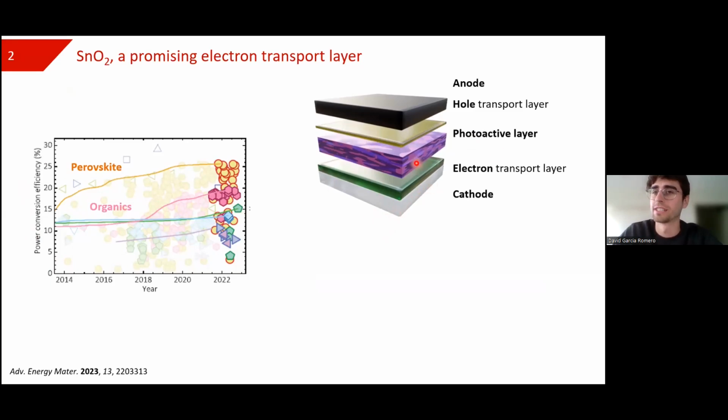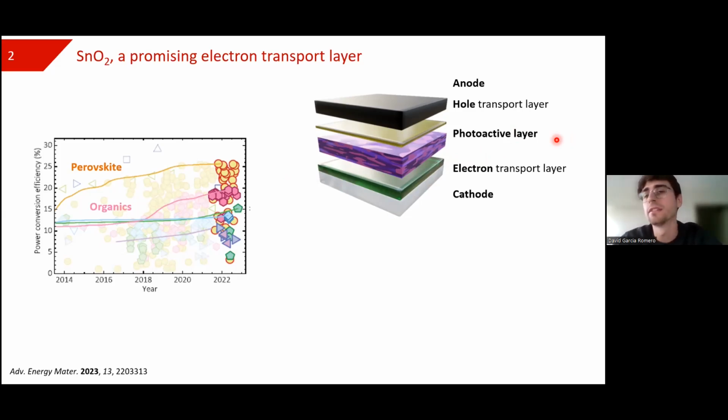So in a solar cell, we have a photoactive layer that we are continuously improving. The field, especially in organics, is studying a lot to make better molecules, so we can improve the performance of our solar cells.